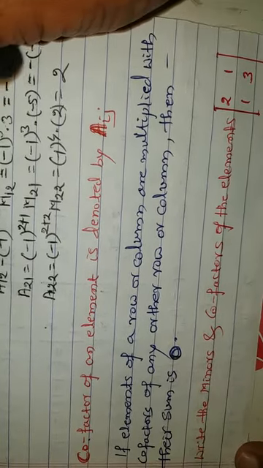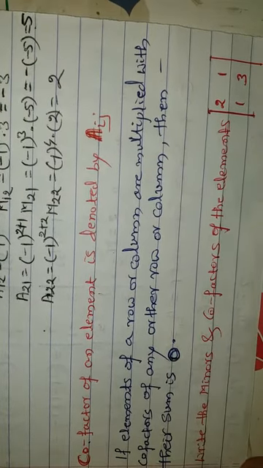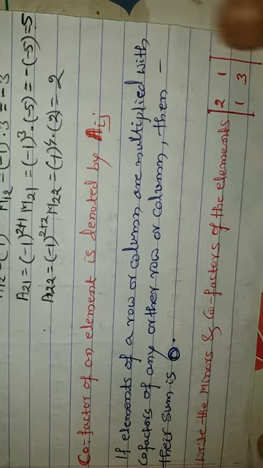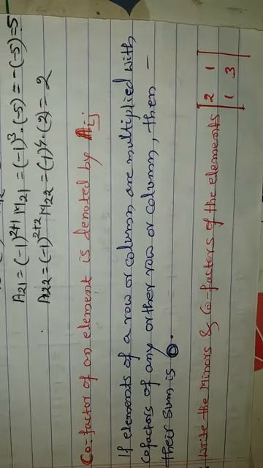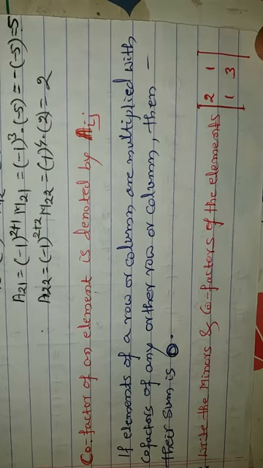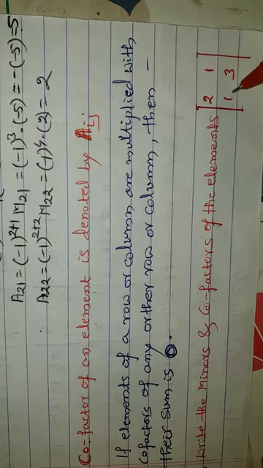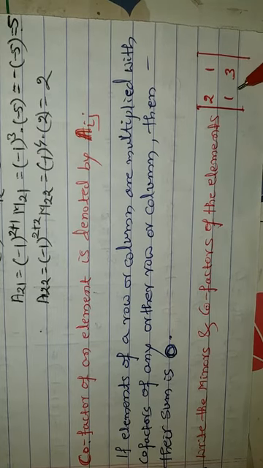One of the problems given as an example. See here. Write the minors and cofactors of the elements of the determinant Delta equals 2, 1, 1, 3. How can you find the minor and cofactors of a determinant?